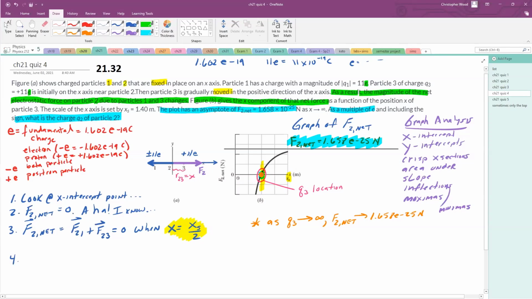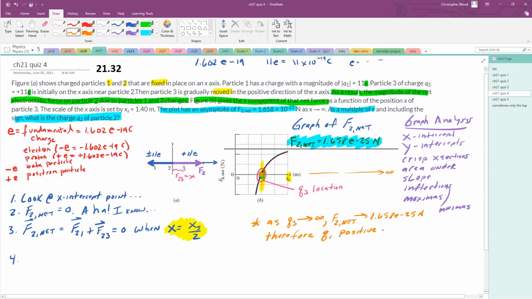As Q3 moves off to infinity, the net force on particle 2 is shown to be, from the graph, 1.658 E minus 25 newtons. Therefore, Q1 has to be positive. Q1 is positive. And why is that?